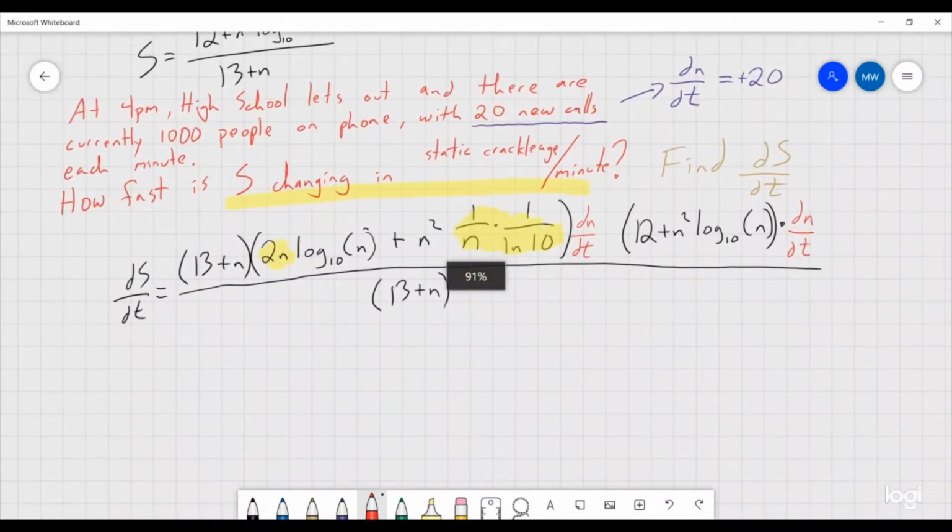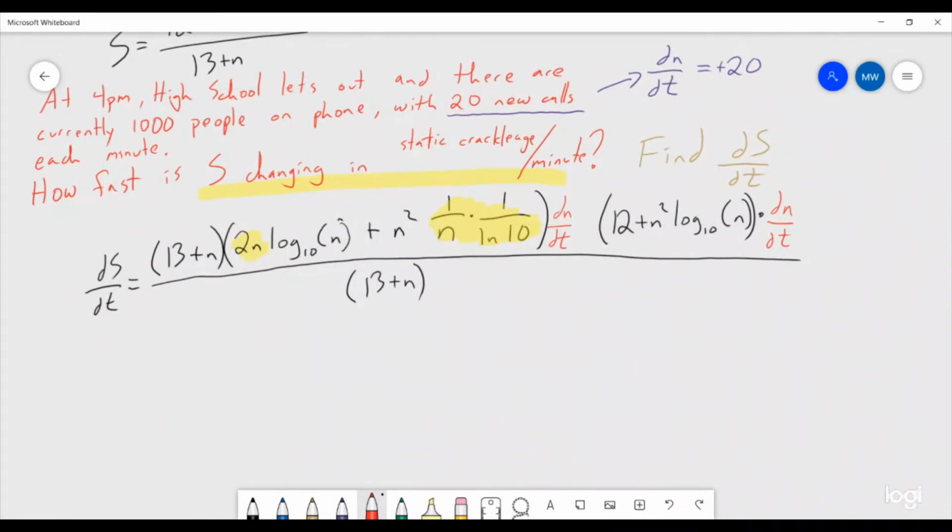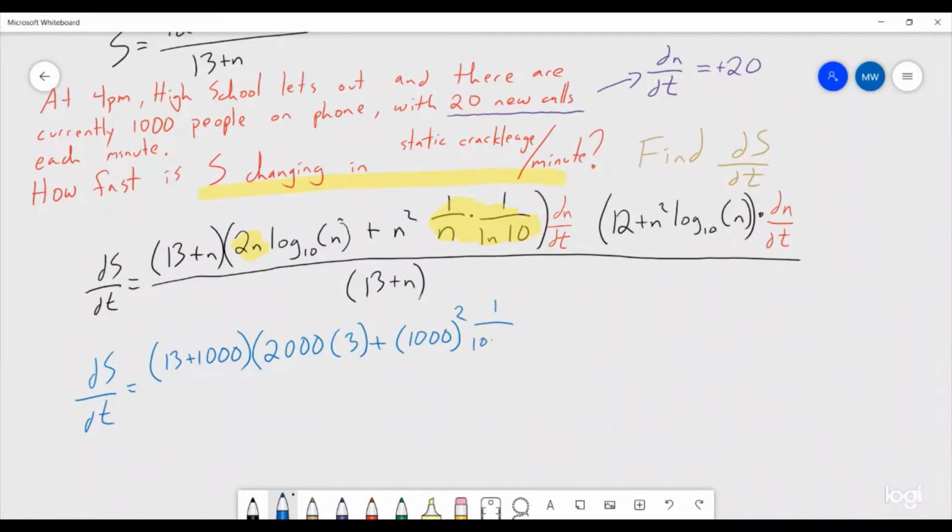So now what we can do is we know N is 1,000, and dN/dt is 20. So that means we can say that dS/dt is equal to 13 plus 1,000 times 2,000 log base 10 of 1,000, well, that's 3, plus 1,000 squared times 1 over 1,000, well, that will cancel a factor, times 1 over natural log of 10.